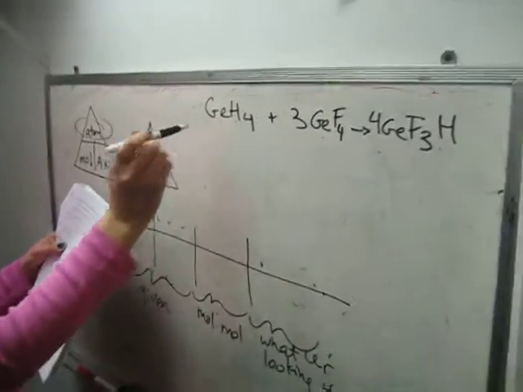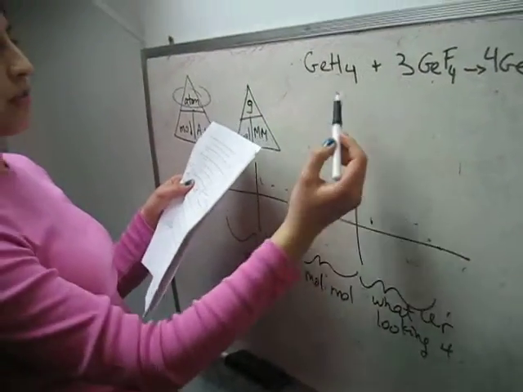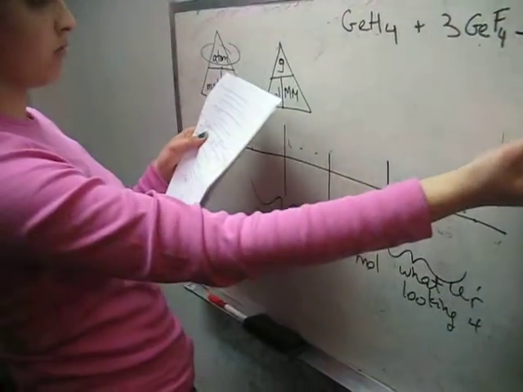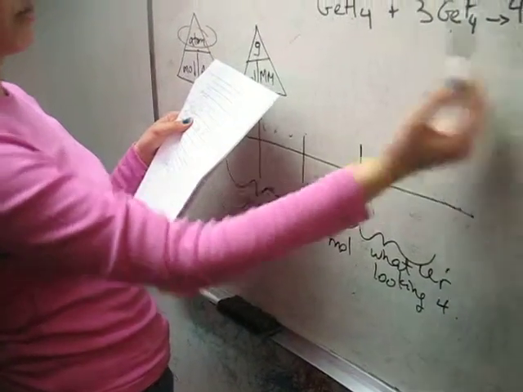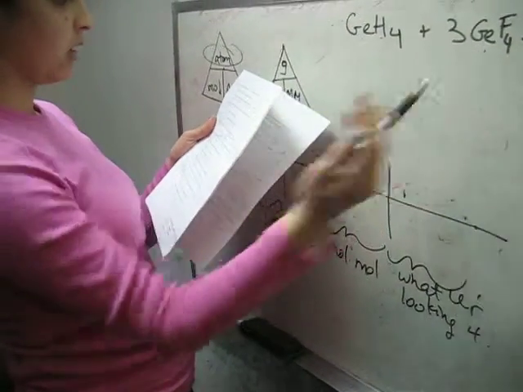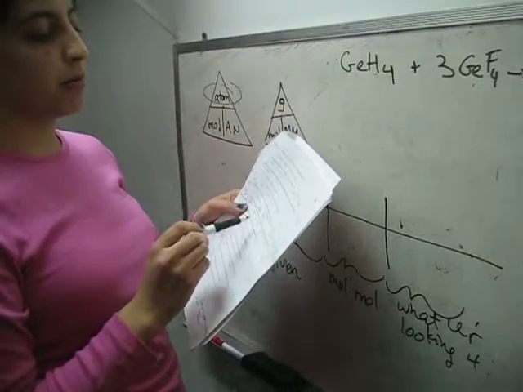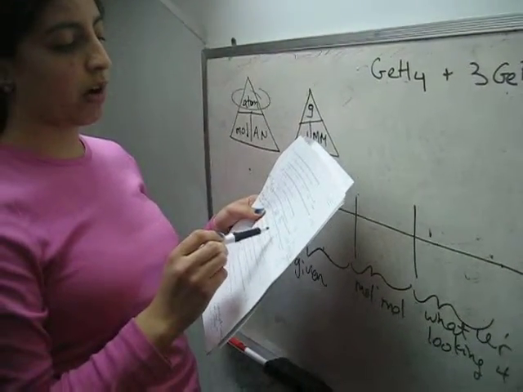So we have to check, is it balanced? If it's not balanced, right away you balance it. It says GeF3H is formed from GeH4 and GeF4. If the reaction yield is 92.6%, how many moles of GeF4 are needed?